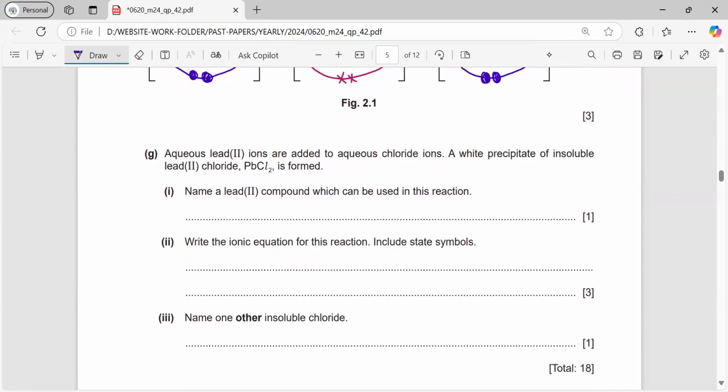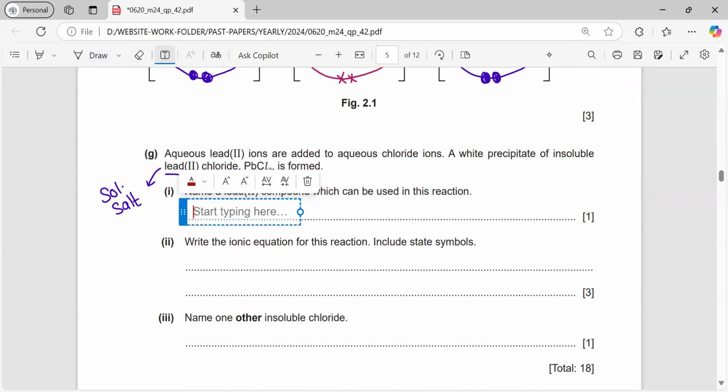Aqueous lead ions are added to aqueous chloride ions. A white precipitate of insoluble lead chloride is formed. Name a lead compound which can be used in this reaction. So to form lead chloride, we have to use any soluble salt which contains lead in it. So here we can write lead 2 nitrate.